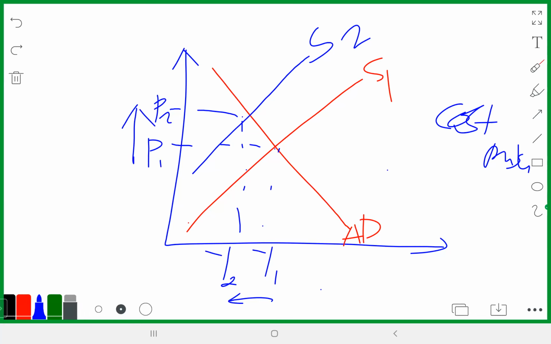So this is a kind of inflation that is now pushed by the cost of production. As a result, it is even called the cost push inflation. Is there any question? Any clarity needed?